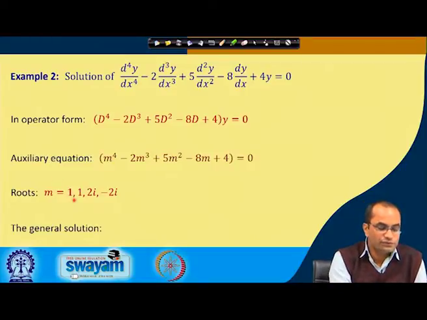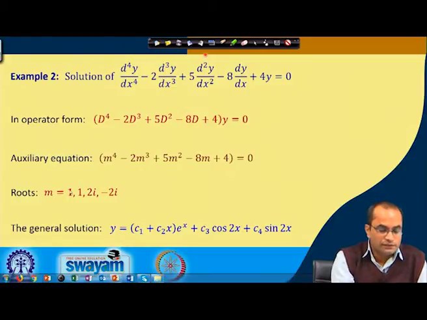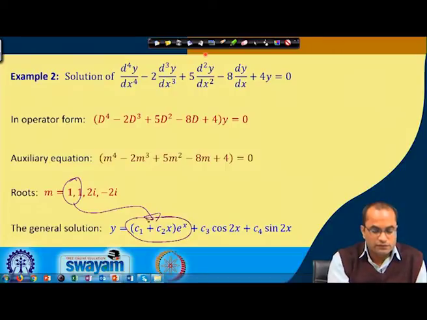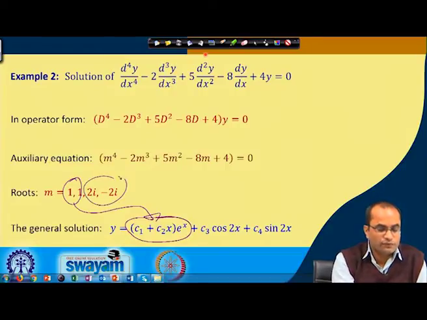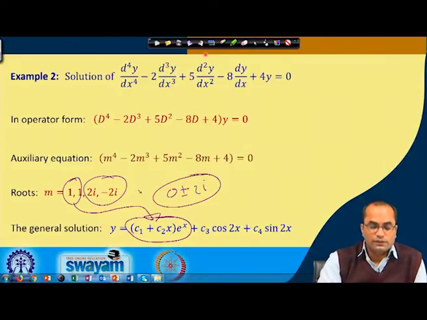So, the general solution will be this C1 plus C2 x and this exponential e^x because of this repeated root here. Because of this repeated root we are getting these two terms, and then for plus minus 2i, that is the other root, where we are getting e power 0x.